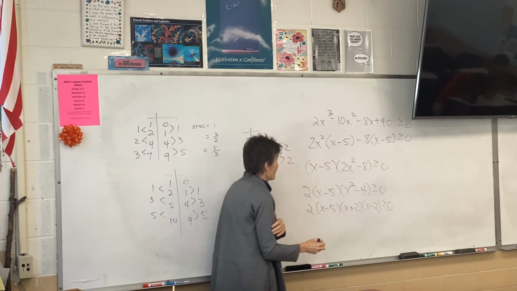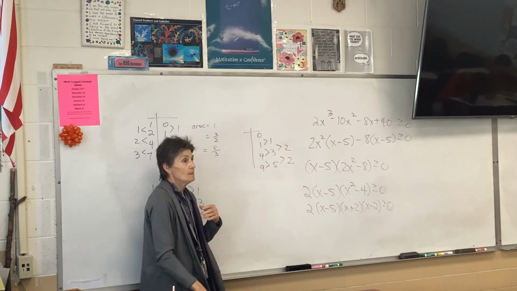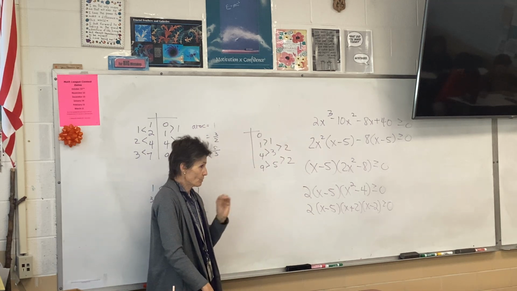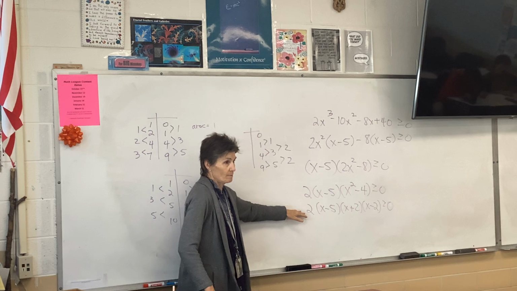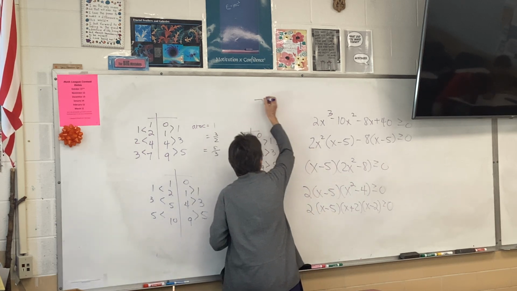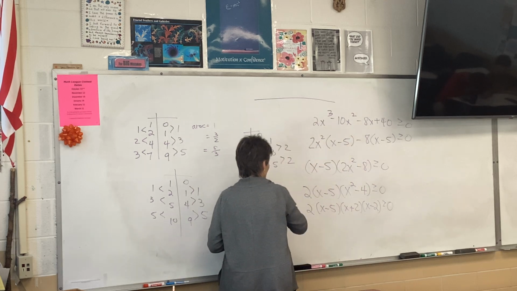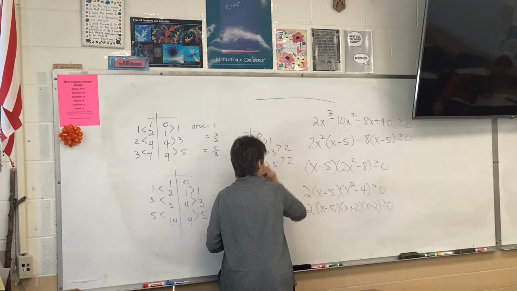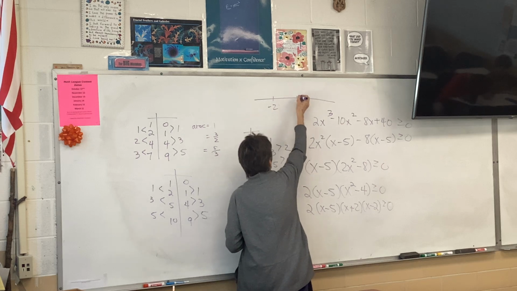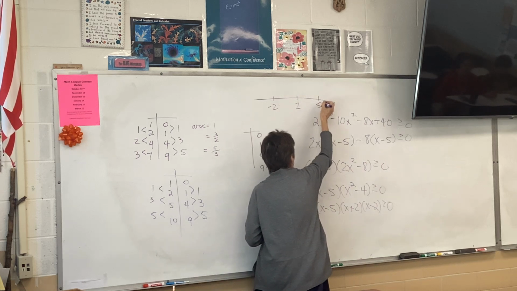All right, how do we feel about that? Did everyone keep up with all that? You may have done things in a little bit different order, and that's okay, but this is how we should all be ending up, right here. So here's my number line. I've got -2, 2, and 5.